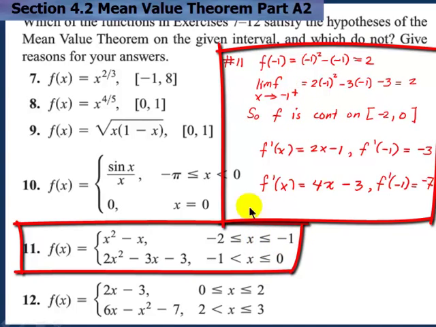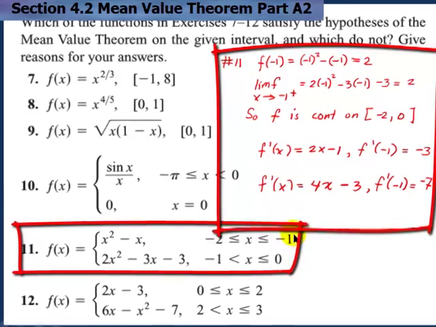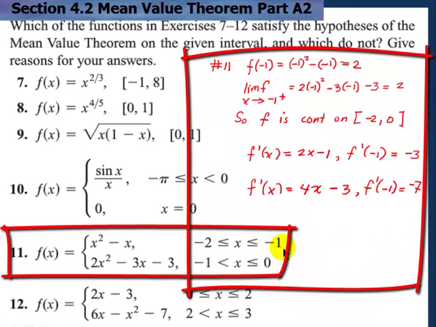Now the question is, to the right of -1, in other words, as x approaches -1 from the right, we want to make sure that the limit is equal to 2.